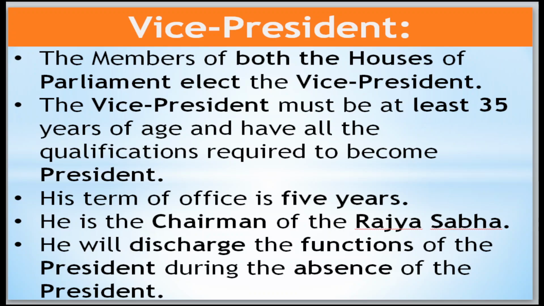Now come to the one after him in the executive. Next it is the vice president, the second highest. The vice president is elected by both the houses of the parliament. The age must be 35 years, and the remaining qualifications are the same as the president's. Once elected, he will be there for 5 years, and he is the chairman of the Rajya Sabha.